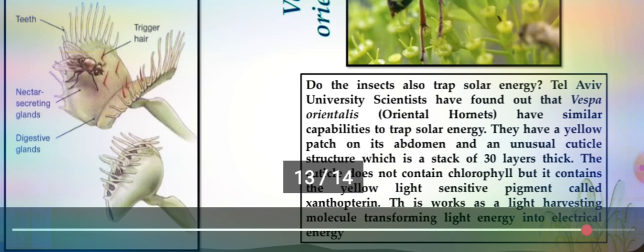The scientists in Tel Aviv University have found out that this social insect by name Vespa orientalis, the common name is oriental hornets, has the capability to trap solar energy, to absorb solar energy.